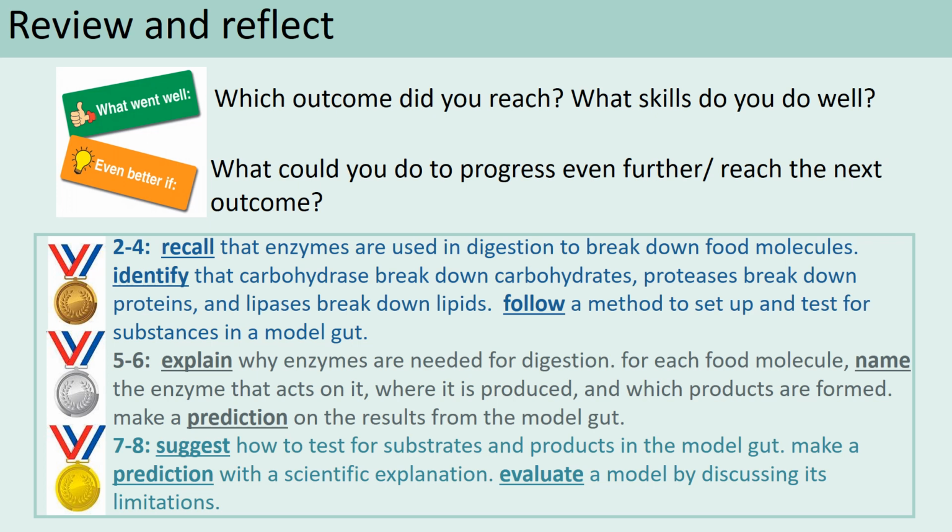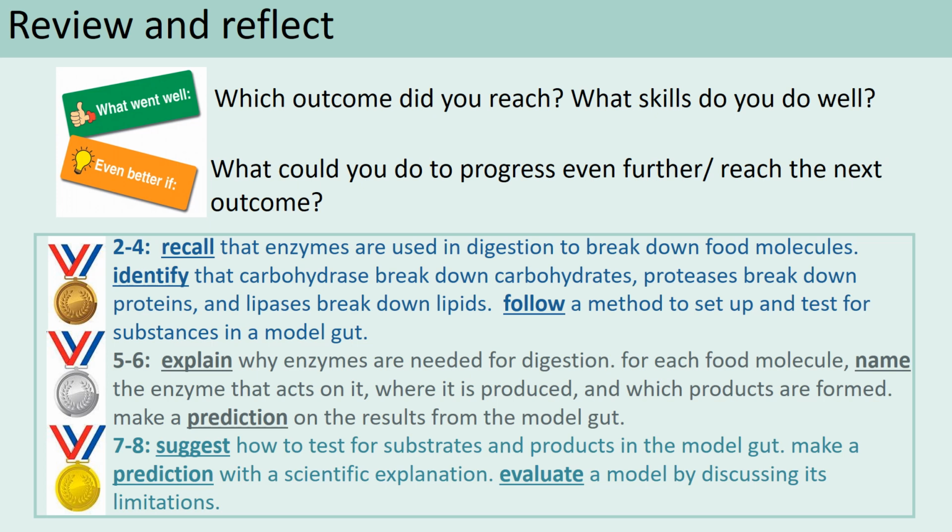That will be bringing in what we did about the food testing, so how you would test for starch, simple sugars with the Benedict's, protein with the Biuret, and the fats with ethanol. Hopefully we can explain why enzymes are needed for digestion, and we can also name which enzyme acts on what and what is produced.